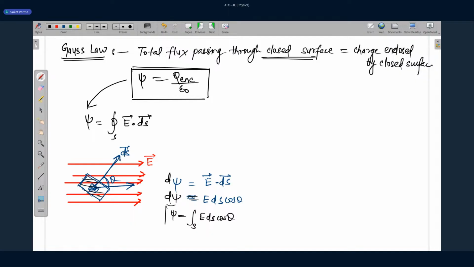When you integrate it, you will get the total flux. Gauss law is true for any closed surface. It does not depend upon the shape. It is not necessary to have a symmetrical shape. Gauss law is true for any closed surface.